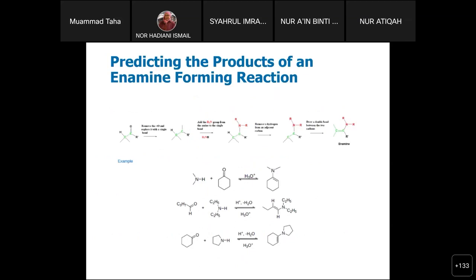If you are reacting with any ketone or aldehyde which does not have an alpha hydrogen, an enamine will not form. Understand my point or not? Because in the second step, the alpha hydrogen is involved, the one next to the carbonyl. If there is no alpha hydrogen in a molecule, then an enamine cannot form because the alpha hydrogens are not available.